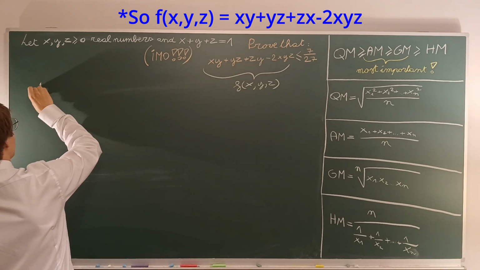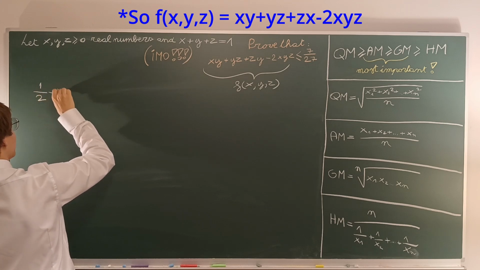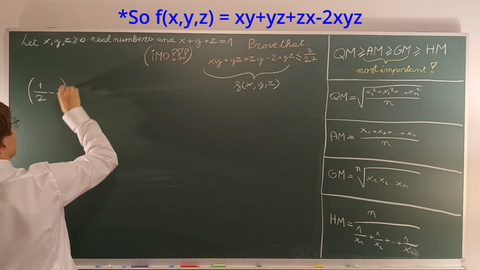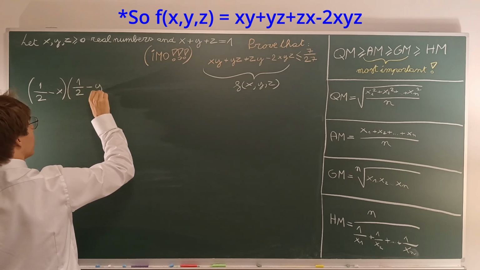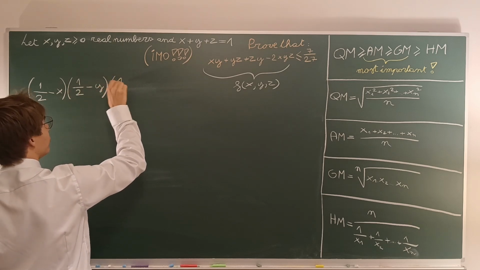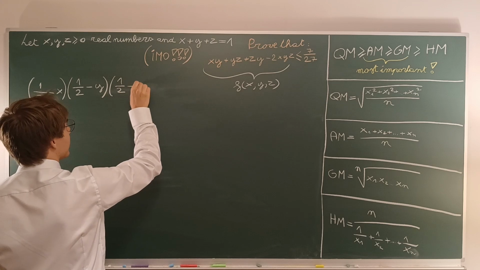Let me calculate 1 over 2 minus x, times 1 over 2 minus y, times 1 over 2 minus z.